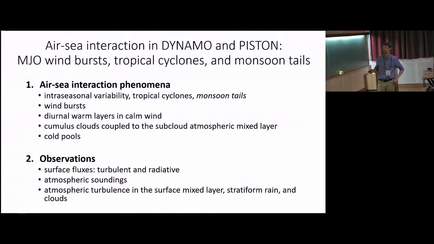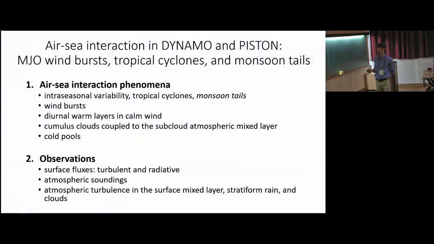So the observations I'll show are surface fluxes. We measured turbulent and radiative fluxes, mostly on ships. We also have atmospheric soundings. I'll show some atmospheric soundings from the PISTON experiment.